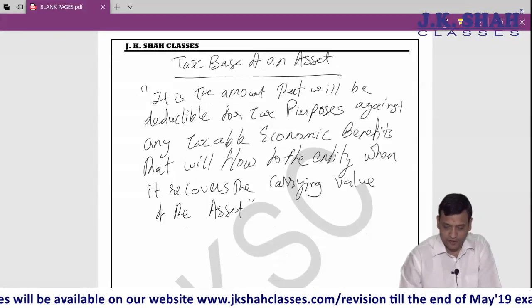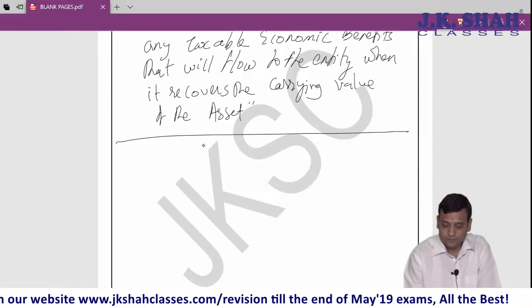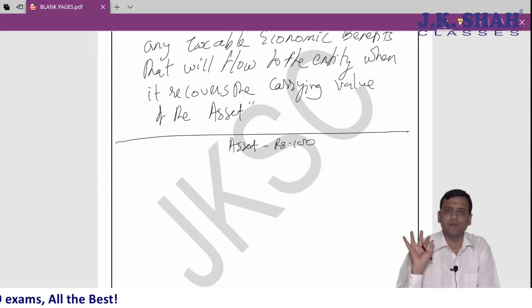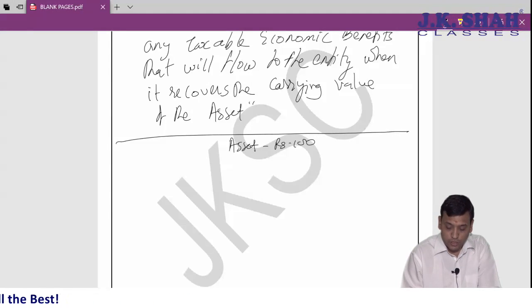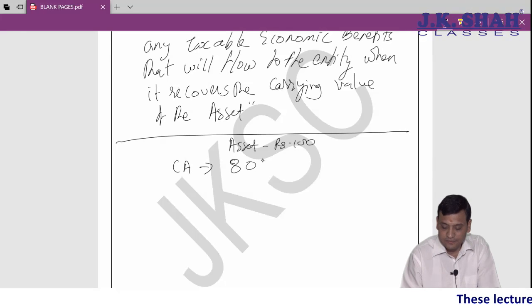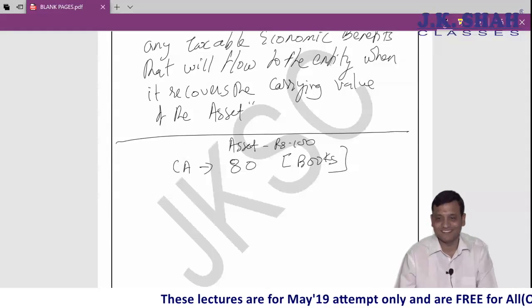Okay, like say for example, in books of accounts, I charge 20, under tax in 2 years only depreciation is charged, 50-50. So now can I say the carrying amount of that asset is 80 as per books? That's not to be considered.